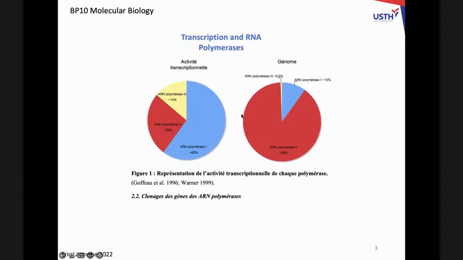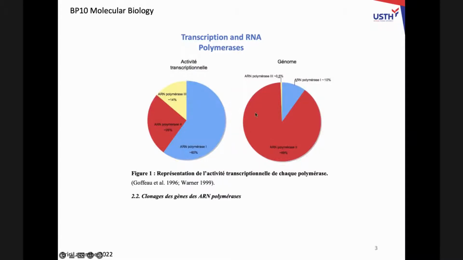Okay. If we take the case of the part of the genome that is transcribed by Pol2, it's almost 90% of what is transcribed in the genome that corresponds to genes transcribed by Pol2. But all these genes, once expressed, represent only 1/4 of the RNA content.